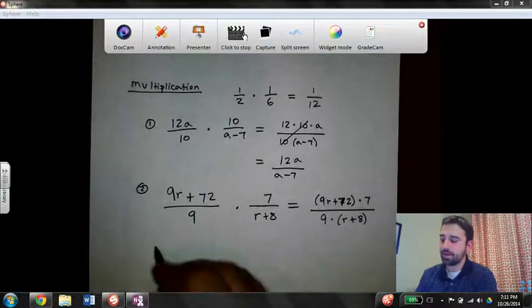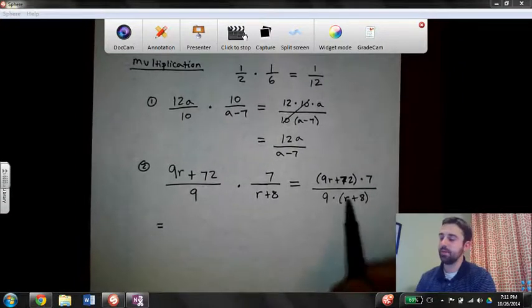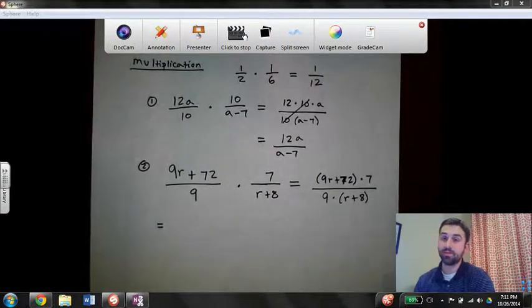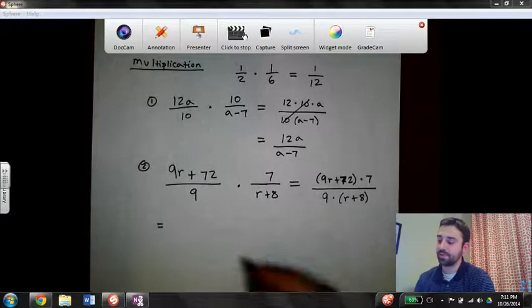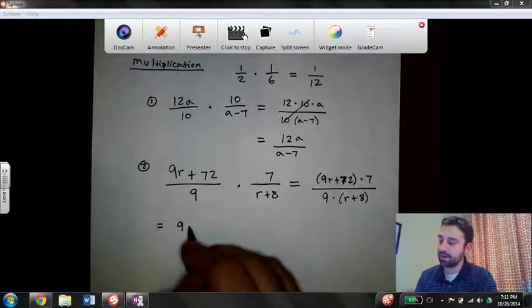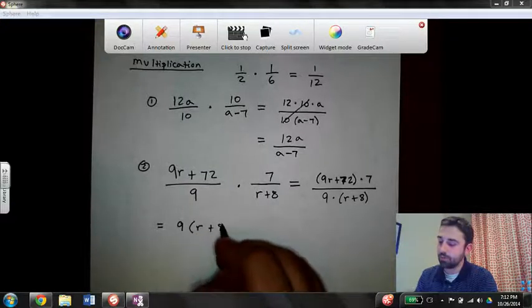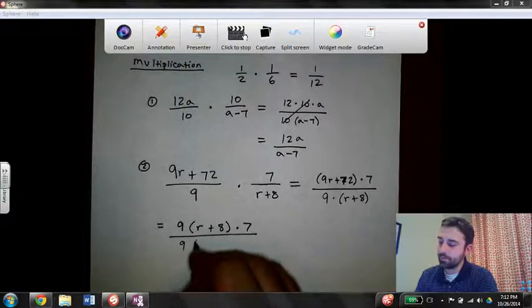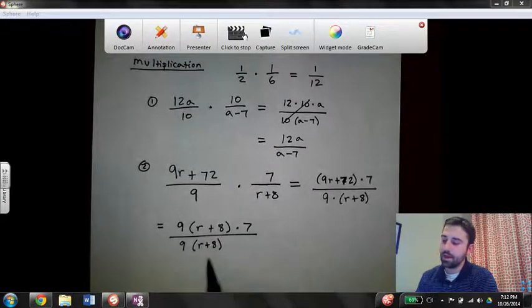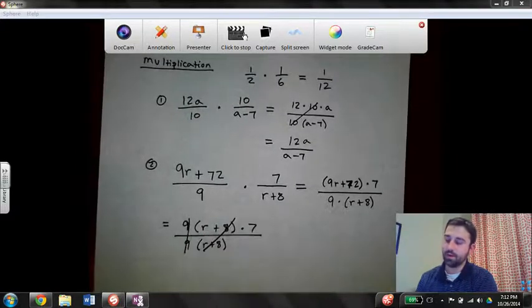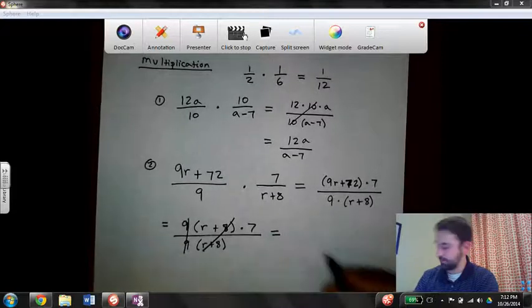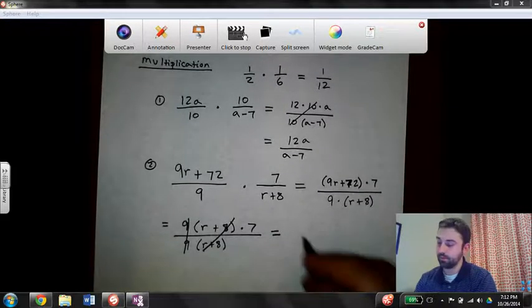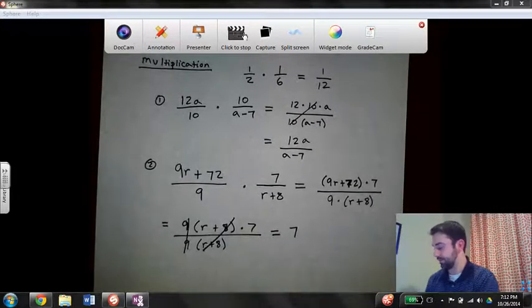Now notice here it gets a little more complicated because there's a few things we can factor. So looking at 9r plus 72, I can factor out a 9 from both terms, leaving me with r plus 8. And notice that the r plus 8 factors will cancel and the 9 over 9 will cancel, leaving me with 7.